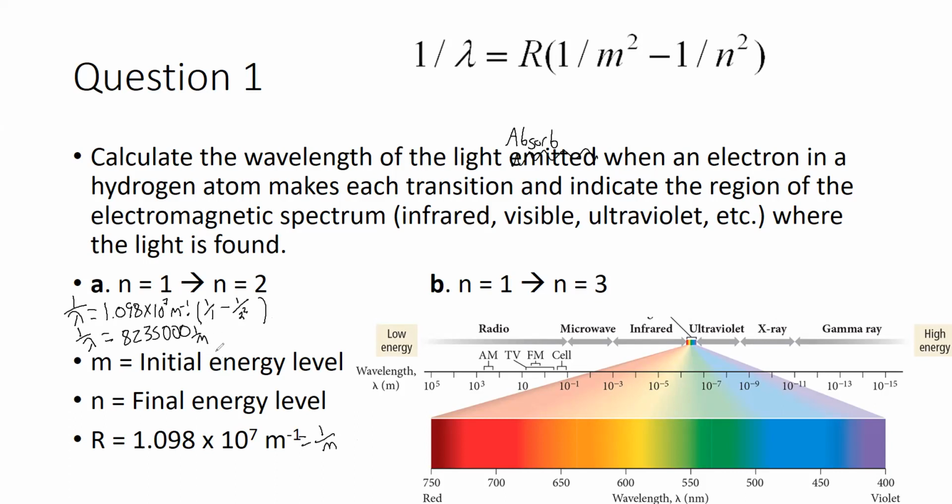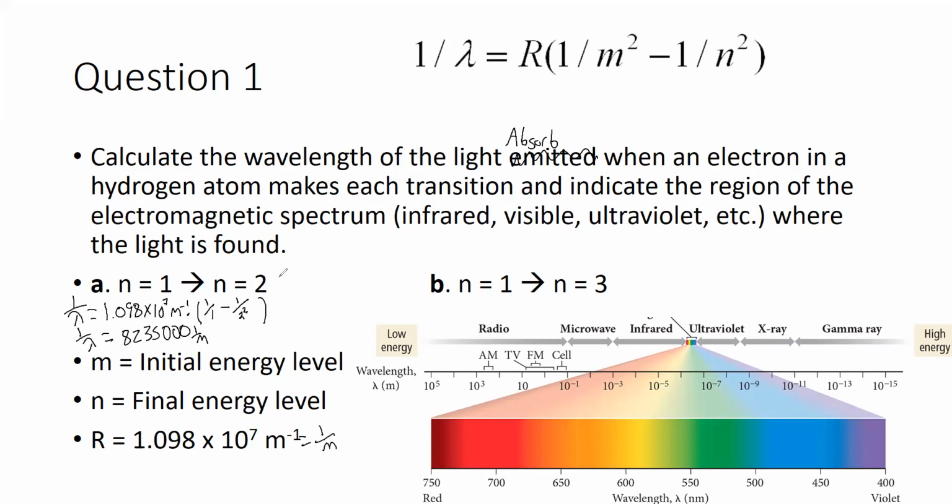However, I don't want 1/meters. I want a unit of meters. Also, this is 1/wavelength, right? So in case you haven't come across this before, the way to flip this 1/wavelength and just make it wavelength is you take each side of the equation and you do 1 divided by whatever's on that side of the equation.